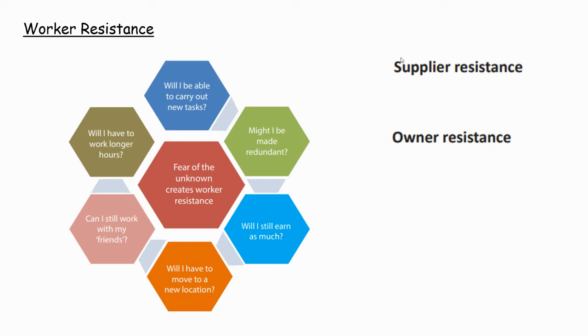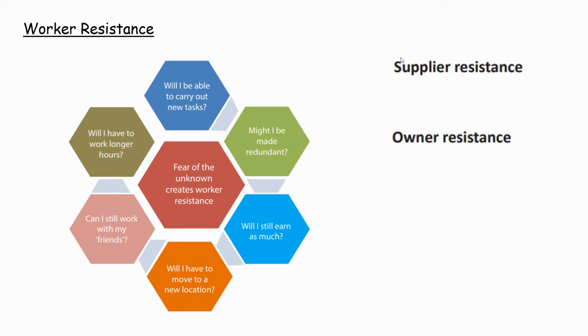And there's also owner resistance, which is, if you're the owner of the company, you've generally been with it a very long time. There's a new CEO, he's changing things. It might all be for the best, but again, fear of the unknown. You have run this company successfully for 20 years doing it this way, and now somebody's telling you we've got to change.